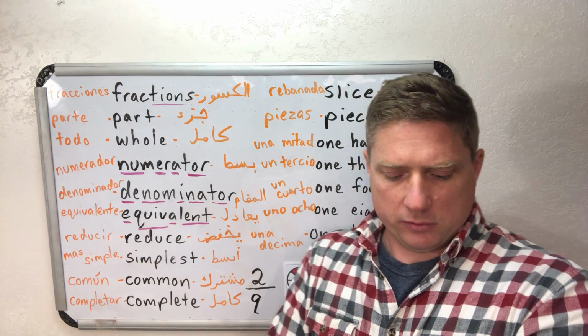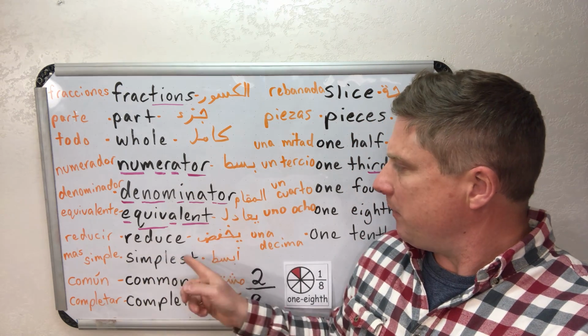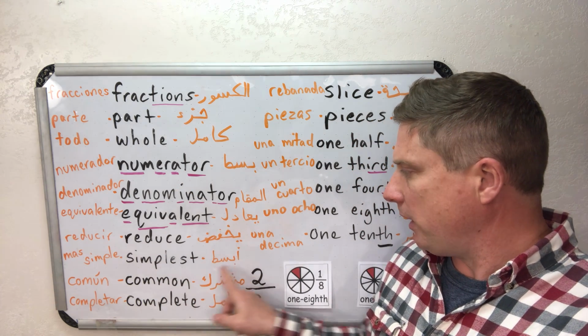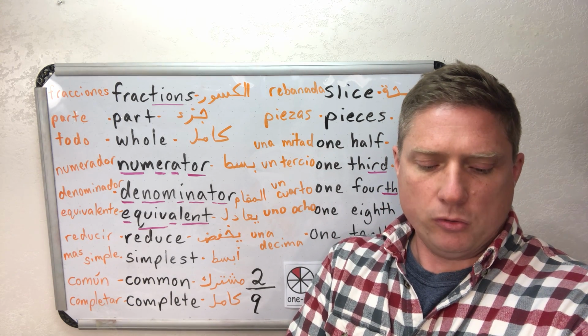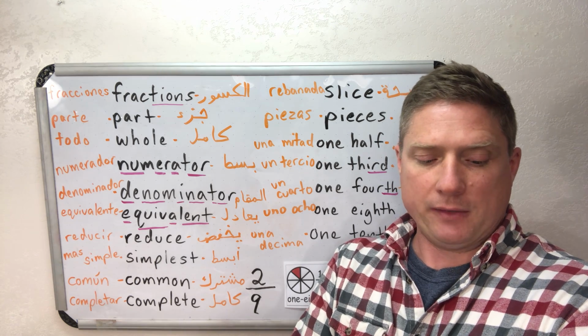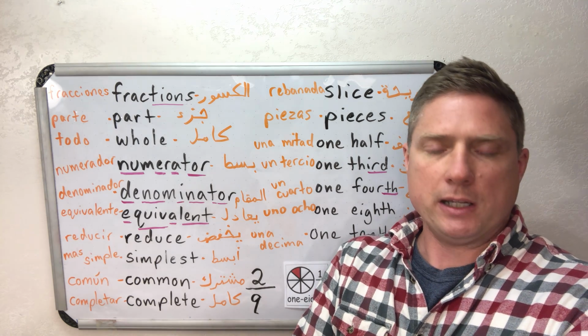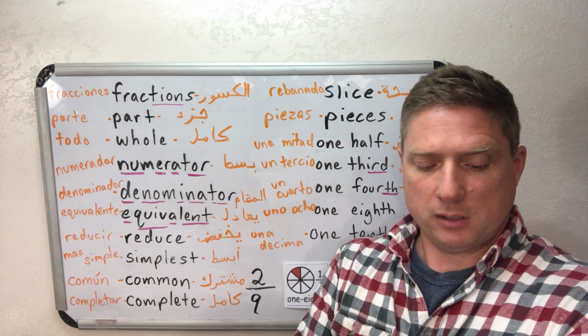So we reduce the fraction to make them simpler, simplest. I'll show you in 1 minute. 2/3 is the simplest form of 4/6. Again, this is number 8. 2/3 is the simplest form of 4/6.